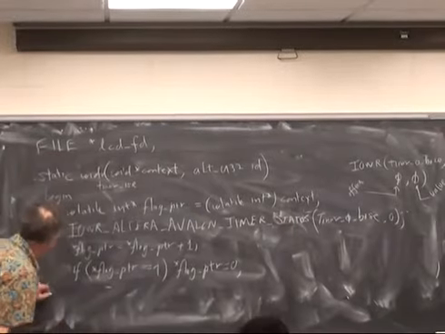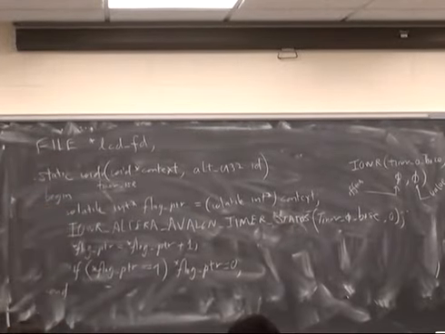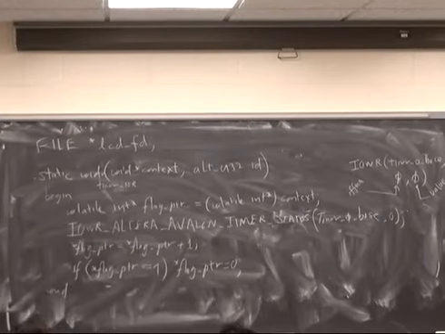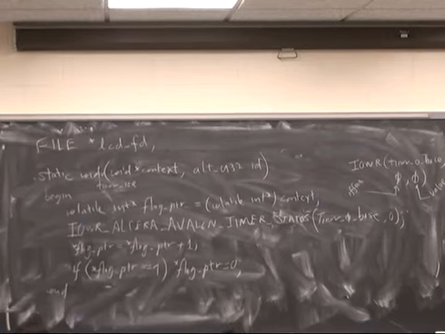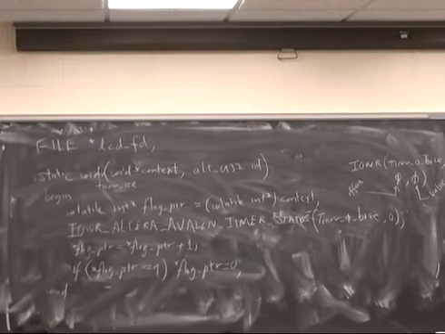And then we end the interrupt service routine. So this is just going to count from 0 to 8 and then start over again at whatever rate we set the timer to, which we will do in main. Any questions?